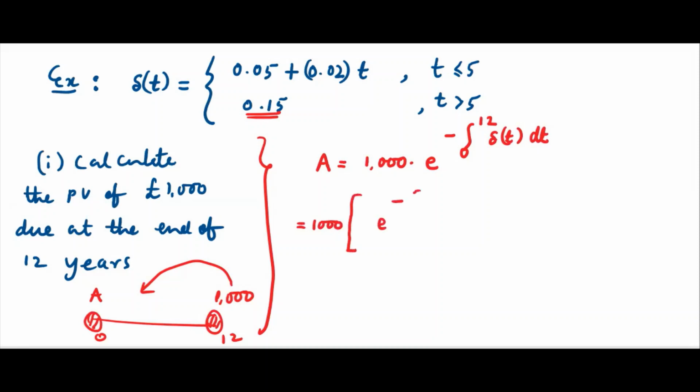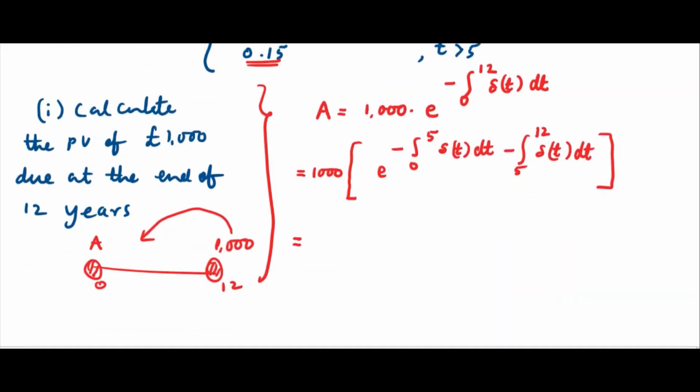E power minus 0 to 5 you have to write. You divide this into two parts, 0 to 5 minus 5 to 12. Then this will be 1000 into, because we have a formula, e power a plus b is e power a times e power b.